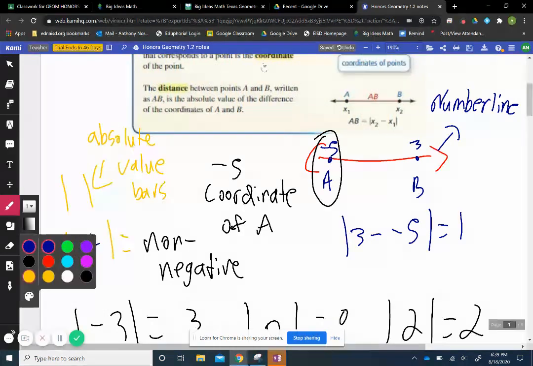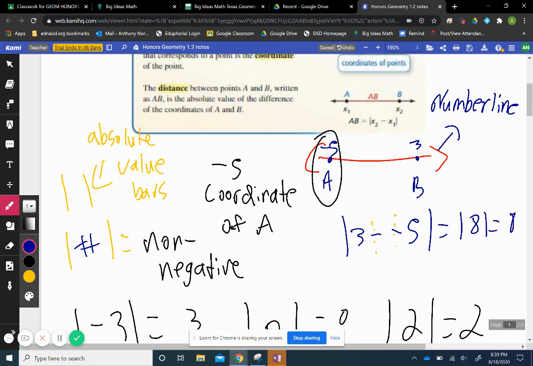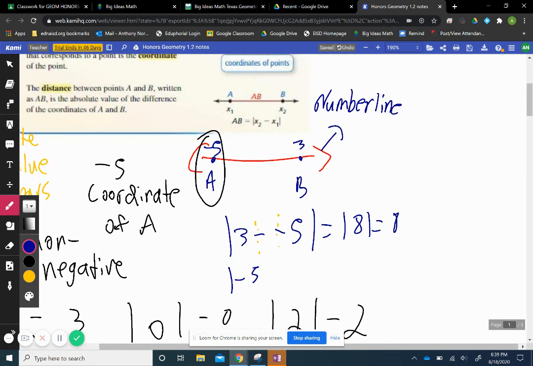So minus a negative turns into an addition problem. So 3 plus 5 is 8. Since we put in the absolute value, it doesn't matter which number we put first. So -5 minus 3 equals -8. Absolute value of -8 is 8. These are the same.